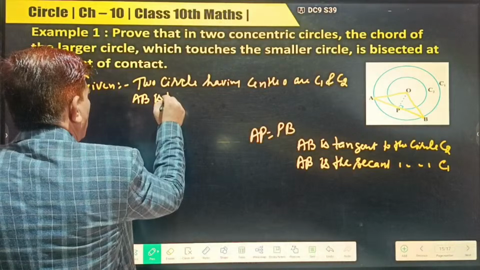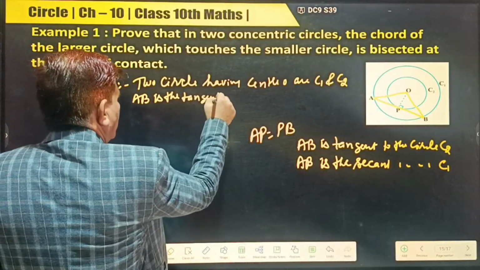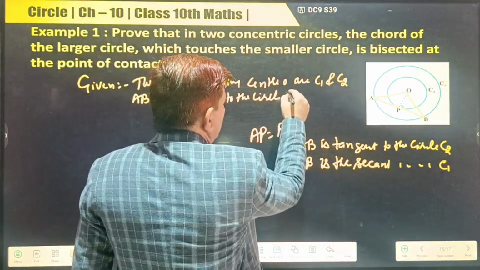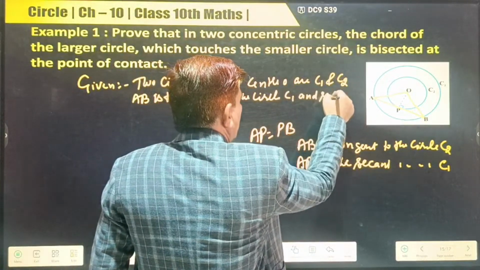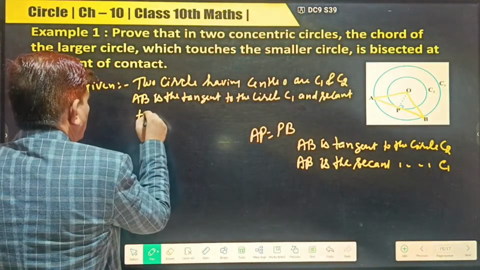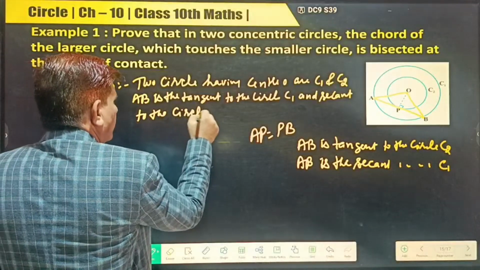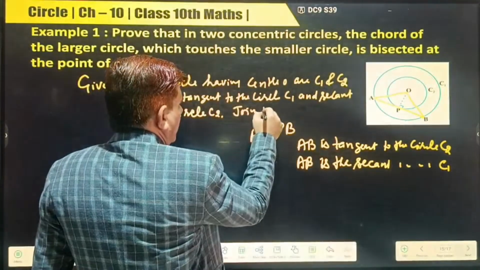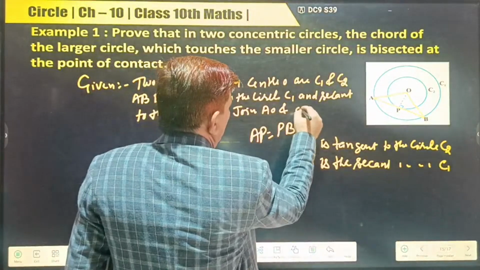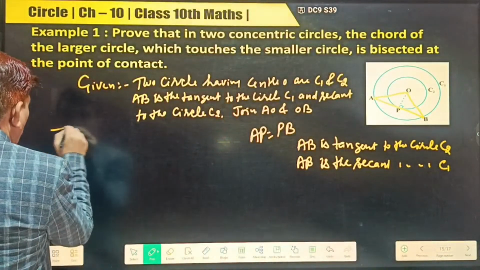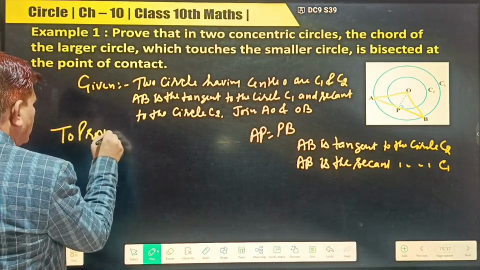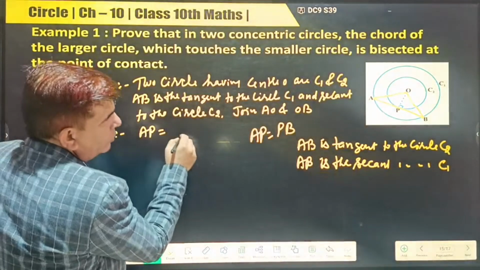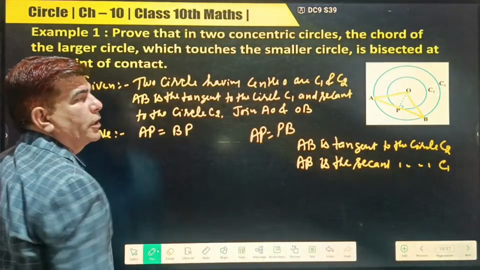AB is the tangent to the circle C2 and secant to the circle C1. Join AO and OB. To prove, AP equal to BP or PB, both are equal.